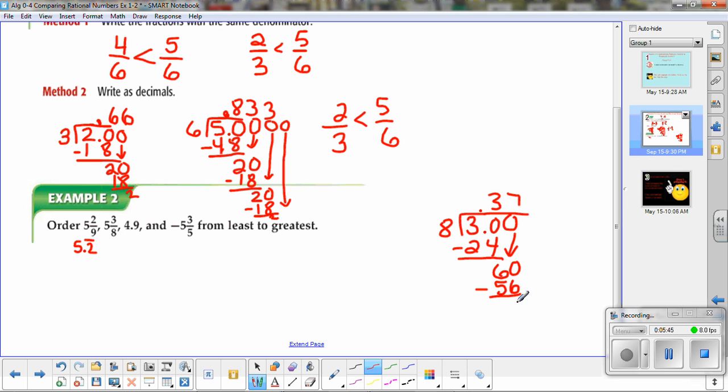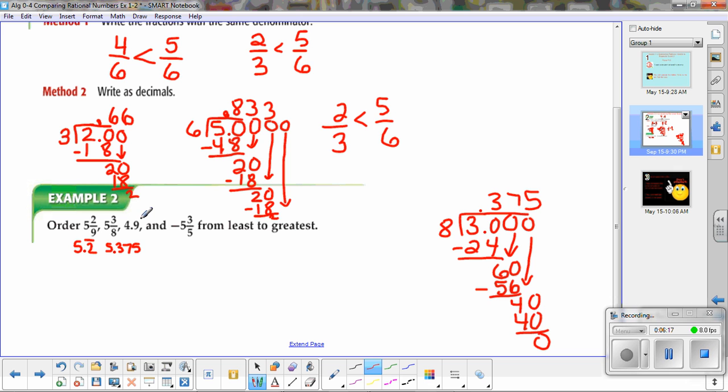Subtract. 60 take away 56 and you get 4. Add a 0, bring it down. 8 goes into 40 5 times. 5 times 8 is 40. Now we have a remainder of 0, so we can stop. So this one right here is going to be 5.375, or 5 and 375 thousandths.